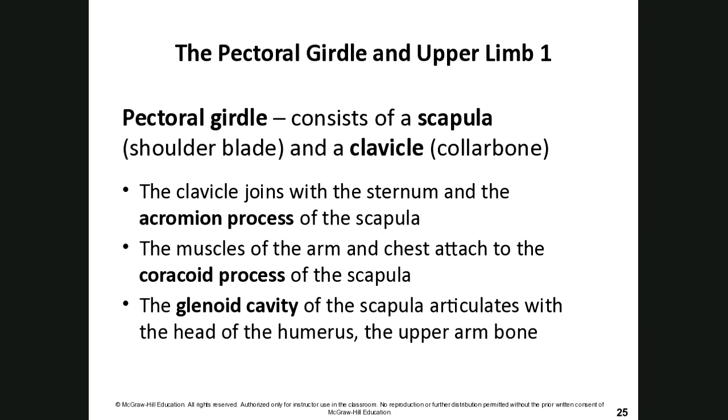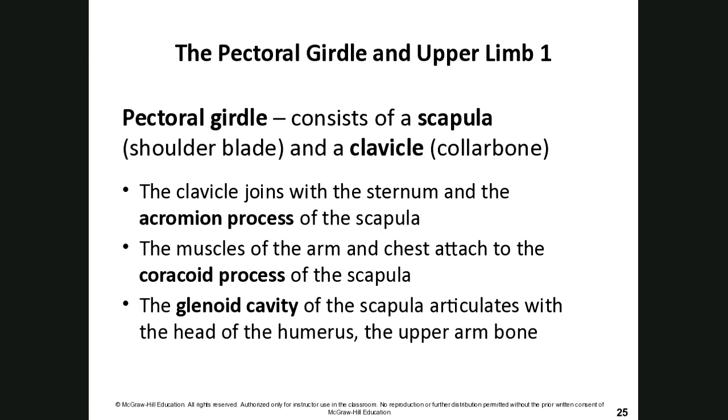So if we were to look at your scapula, we'd see that we have an acromion process on the scapula. The clavicle connects the scapula to the sternum, so the clavicle joins with the sternum and the acromion process of the scapula there.